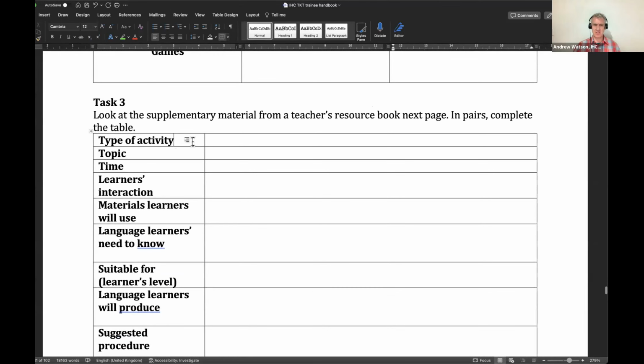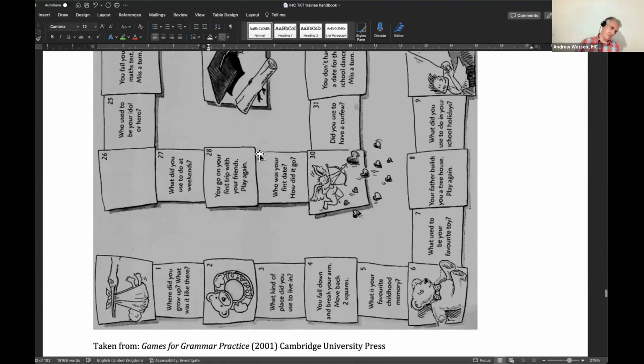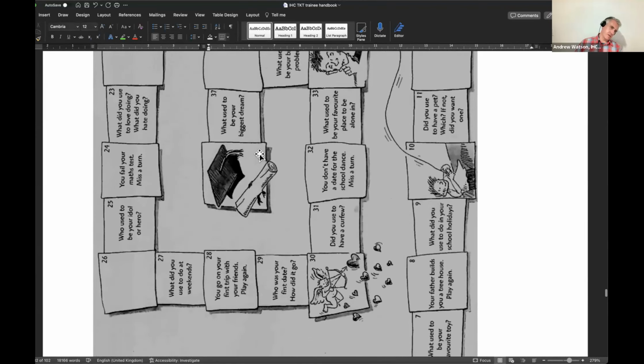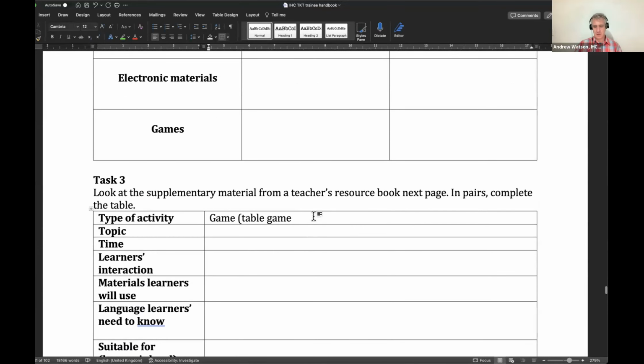So what type of activity is it? Well, it looks like a game, right? Like a table game. It involves life experiences, isn't it?